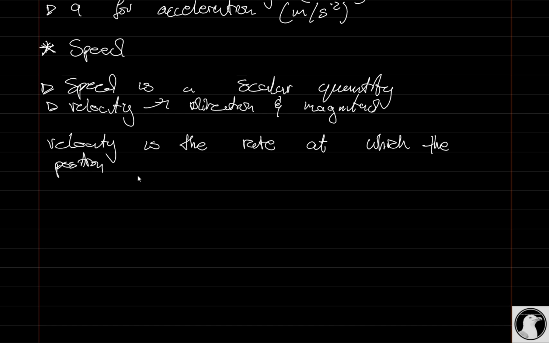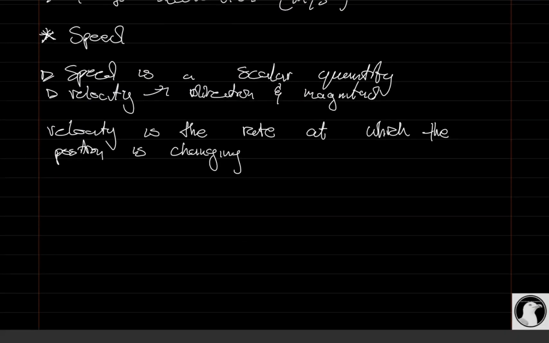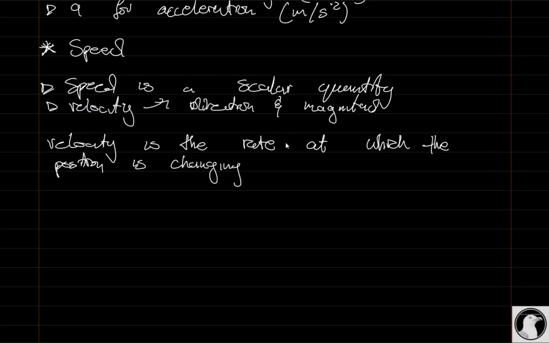Now you can go back to mathematics and say, okay, it's actually the derivative of position, but we're not dealing with that now. We're dealing with it in terms of physics. And of course, velocity will depend on the sign convention.